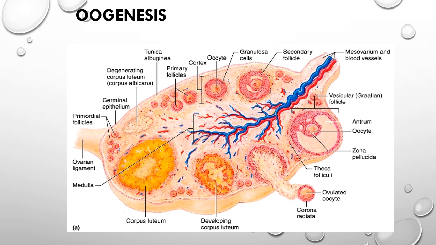When the primary follicle is surrounded by 2 or 3 layers of follicular cells, we call it a secondary follicle. So there are different stages of development inside the ovary: primary oocyte, secondary oocyte, primary follicle, secondary follicle, tertiary follicle, Graafian follicle. All these are the different structures present inside the ovary.